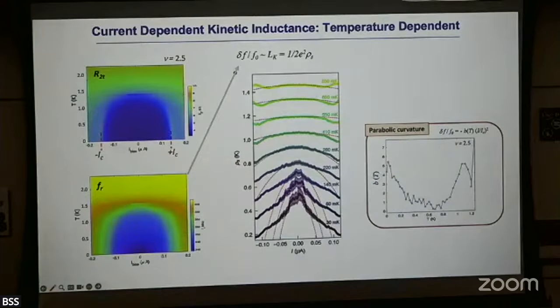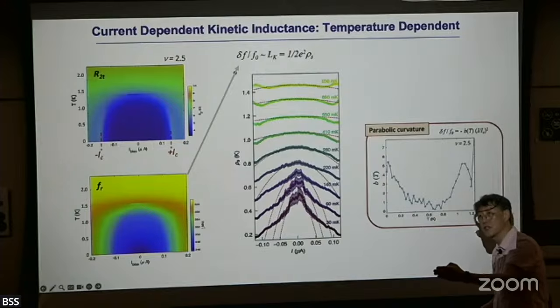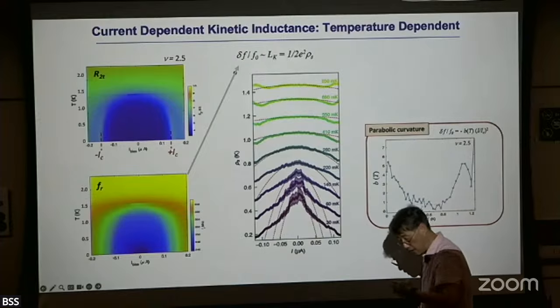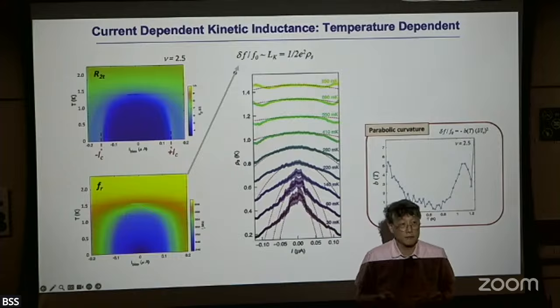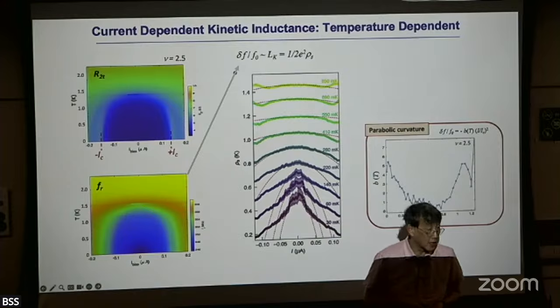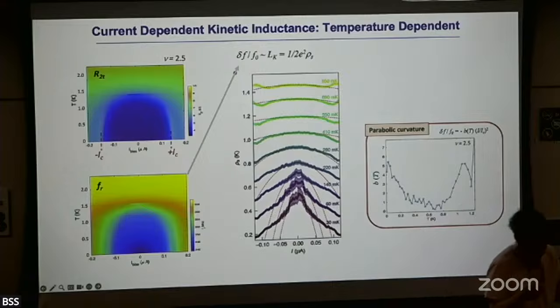Especially this technique is very useful when you have a nodal superconductor, where the current along the nodal and antinodal directions may show different behavior. In principle, this is a technique one can use to measure the nodality: how many nodes we have, where the nodes are, and those kind of things.